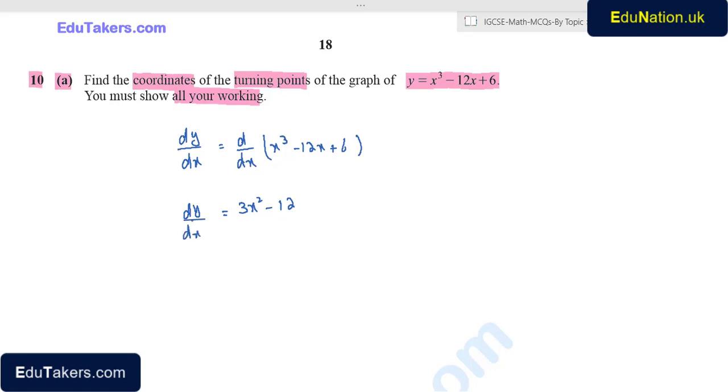And at turning point, its tangent is 0, that means its derivative is 0. So putting dy over dx is equal to 0. We will write here at turning point.